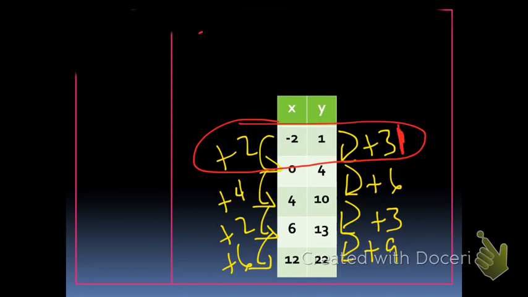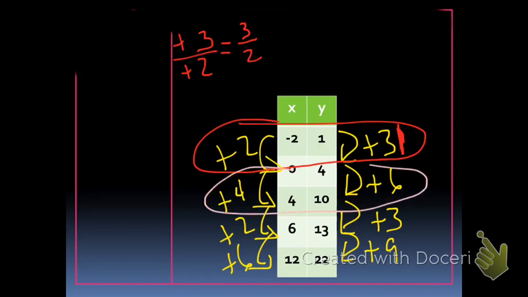So I'm going to do positive 3 over positive 2. That gives me 3 over 2. I'm not going to stop there, though, because I really want you guys to see all this. I'm going to do this one instead now. I have a positive 6 over a positive 4. If I reduce that, guess what I get? 3 over 2.